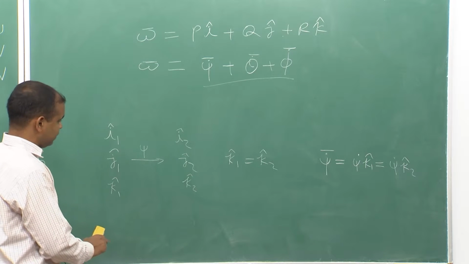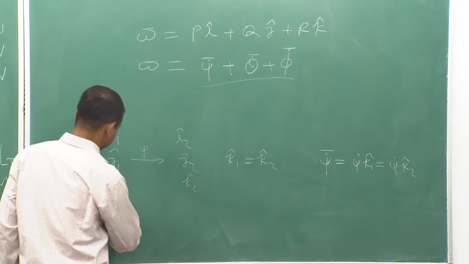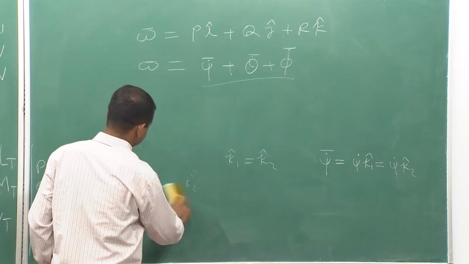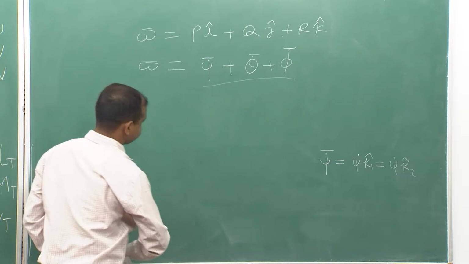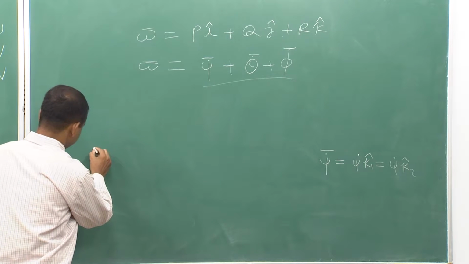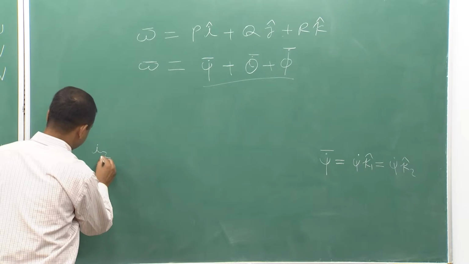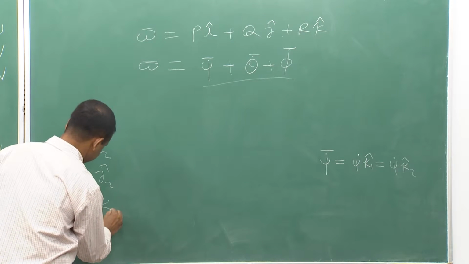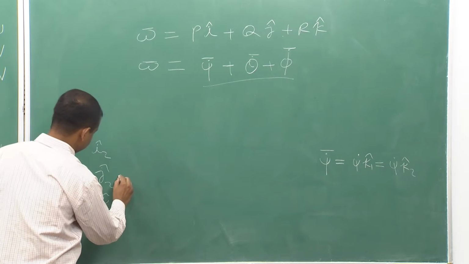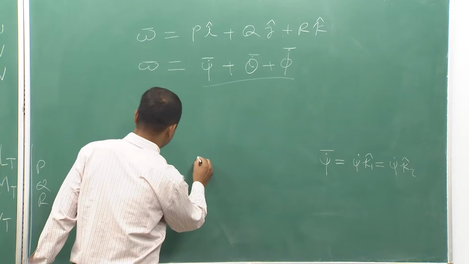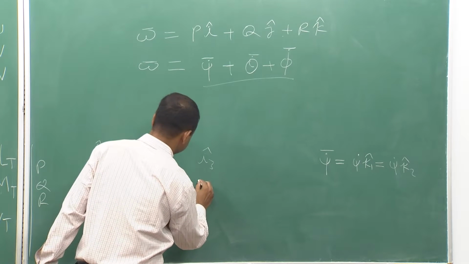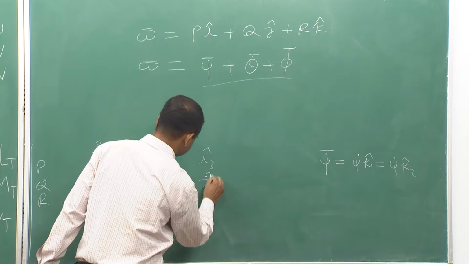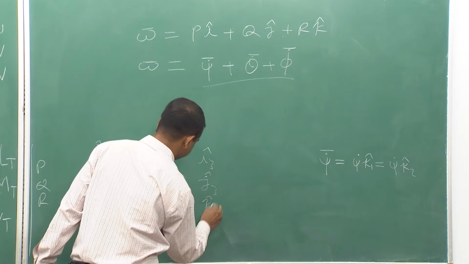Similarly, when we did the second rotation, that was from I2, J2 and K2 to I3, J3 and K3.